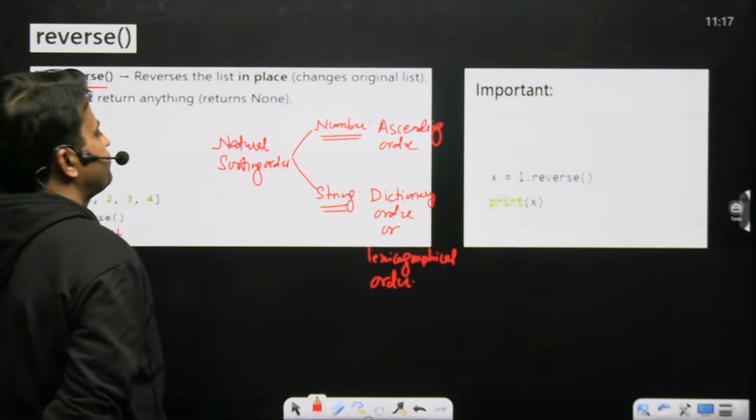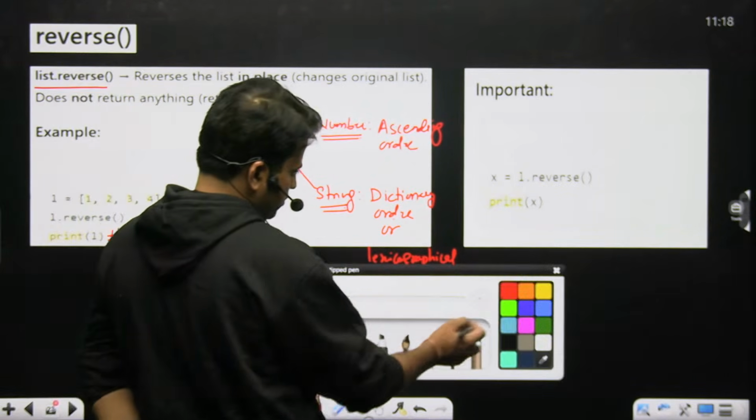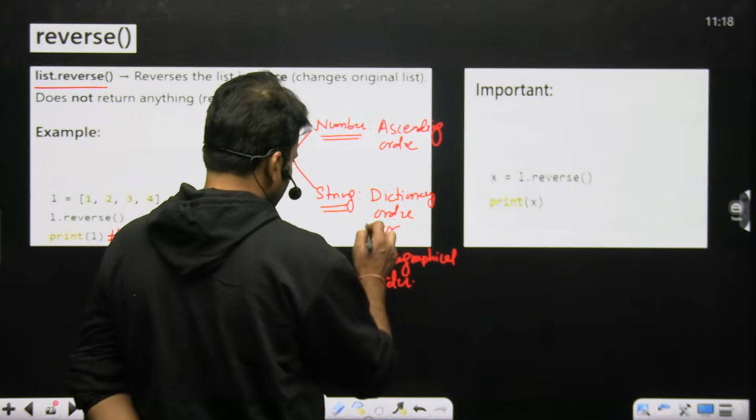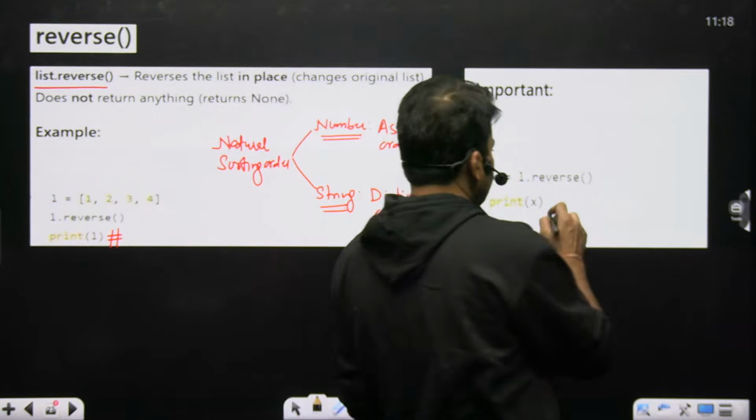What is lexicographical order? Just like a dictionary order, student. So what is the output here, student?